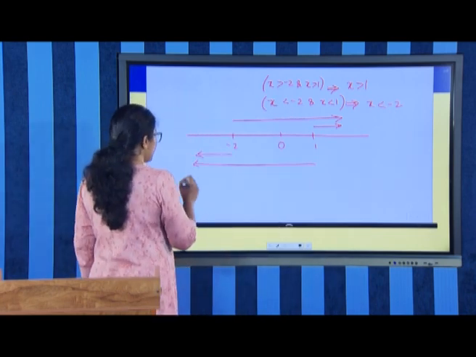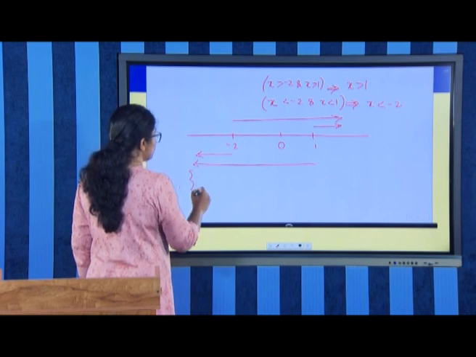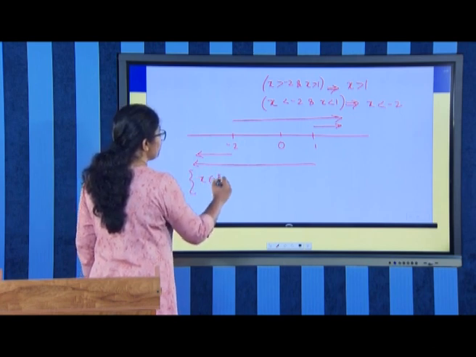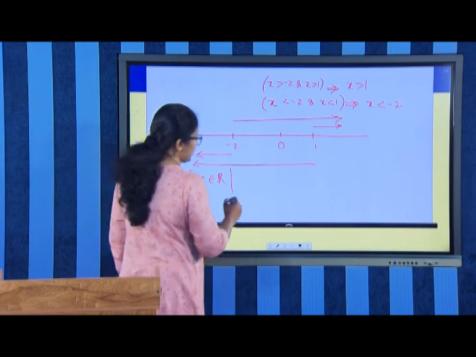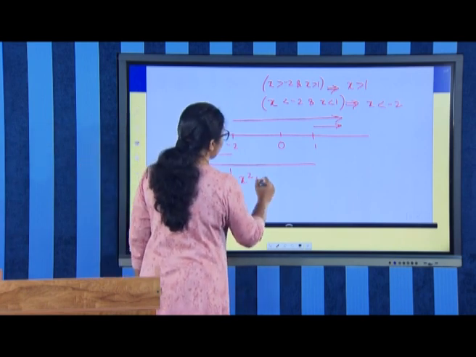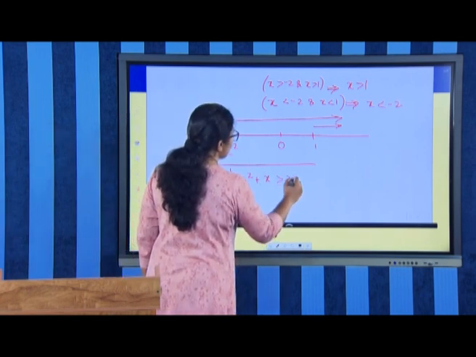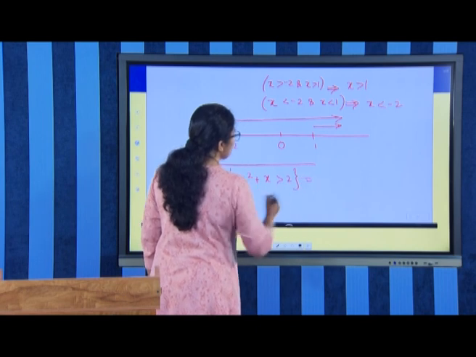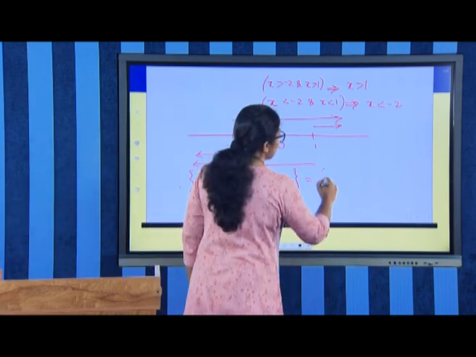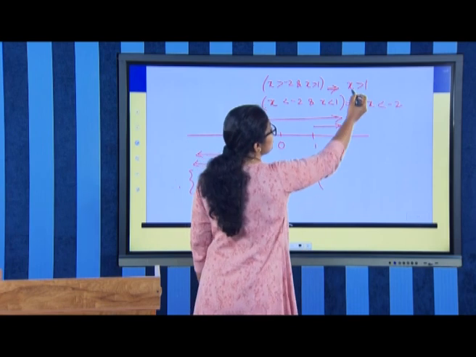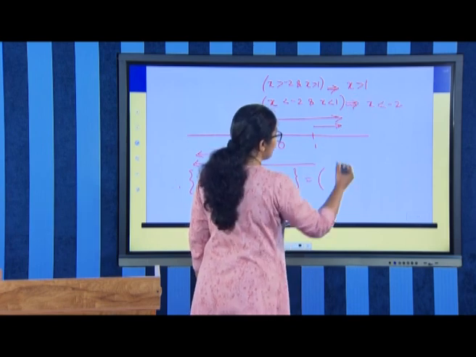Therefore, the final solution is the set of all x values which satisfy the condition x square plus x is greater than 2, equal to the set of all real numbers which are greater than 1.